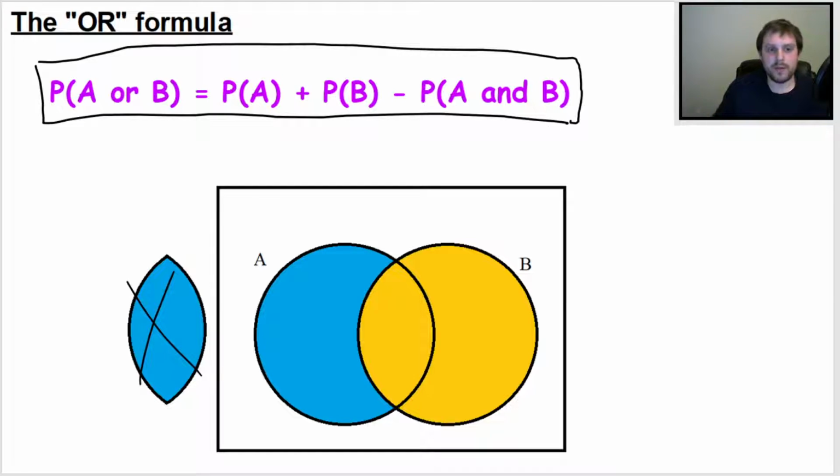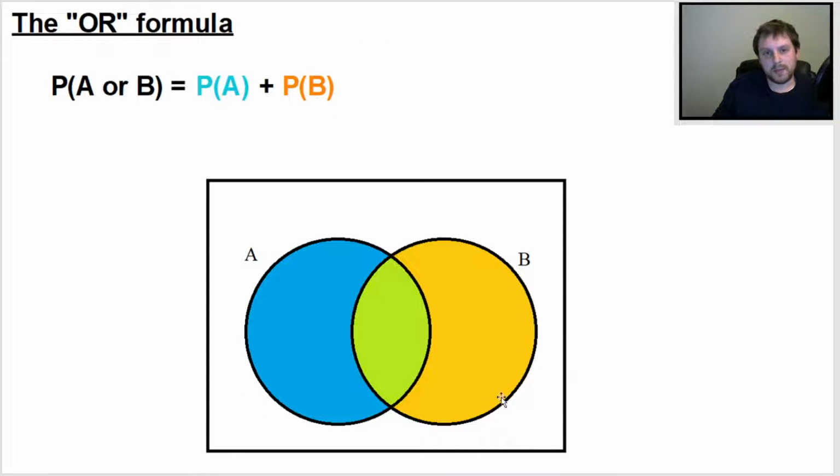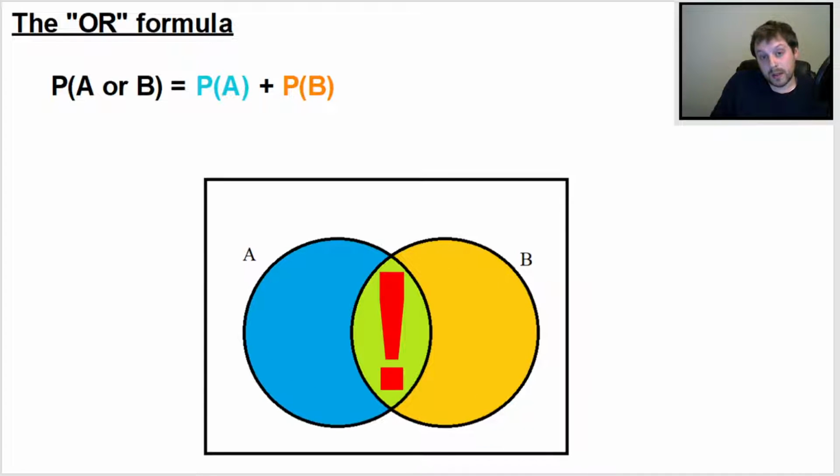So I'll just very briefly recap what we just did. We added the probability of A to the probability of B. But because A and B might be possible to happen at the same time, we would have wrongly got too much going on in the middle here because we've included it in A and also in B. So that's the problem.